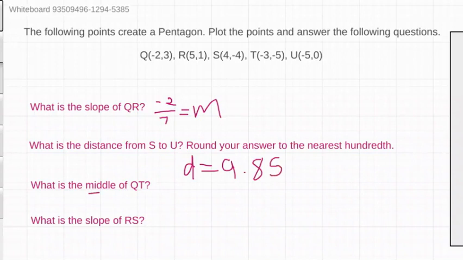What is the middle of QT? Middle of QT is just the midpoint. So our midpoint would be negative 5 over 2, negative 1. And what is the slope of RS? m equals 5.